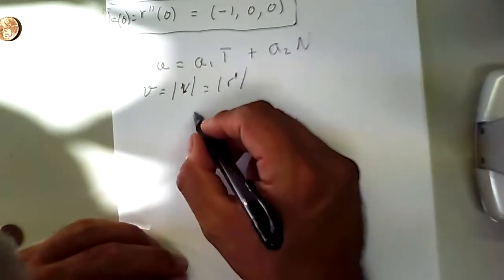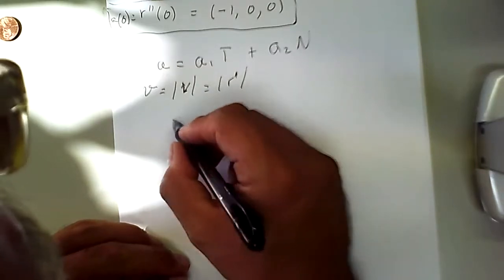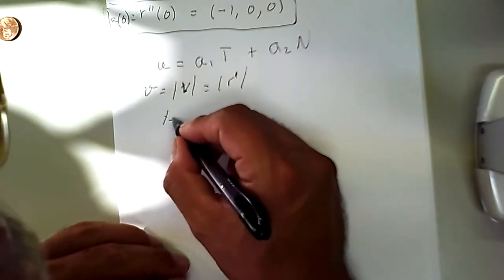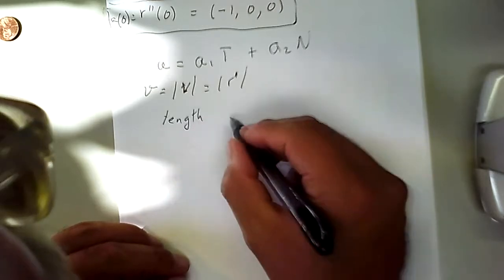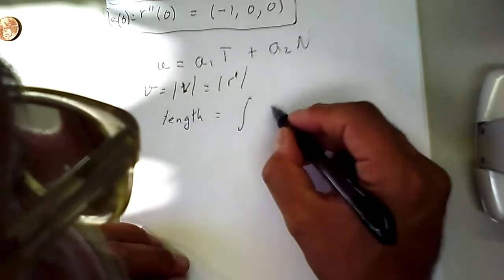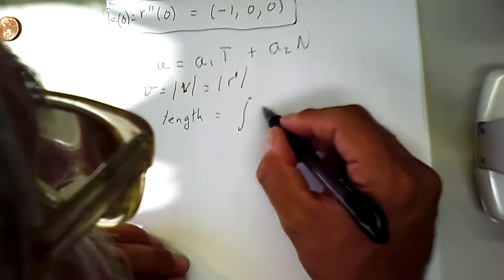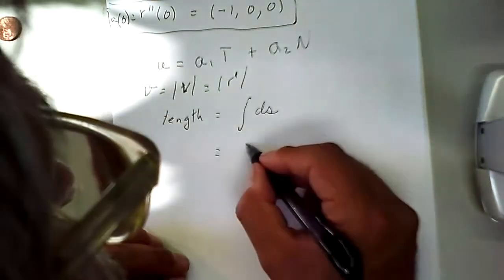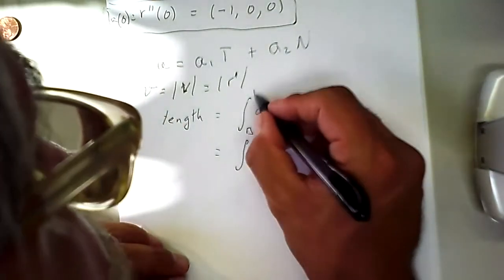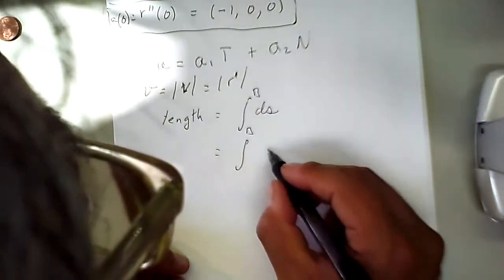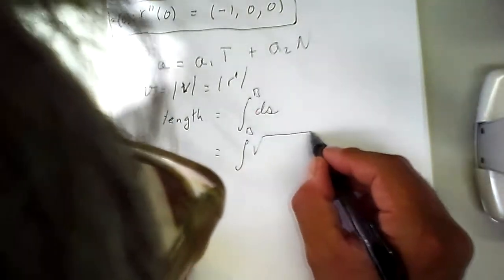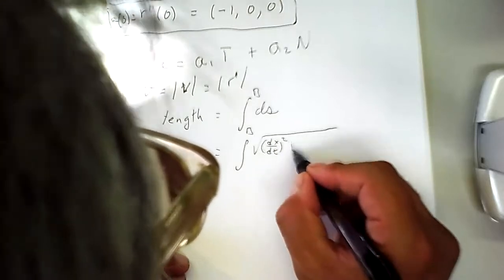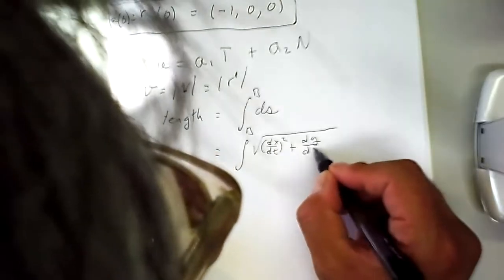So for instance, if you want to find the length, that is equal to an integral of ds, but that is the same thing as, there are some numbers here that we have to put. And remember, this is the square root of dx dt squared plus dy dt squared.